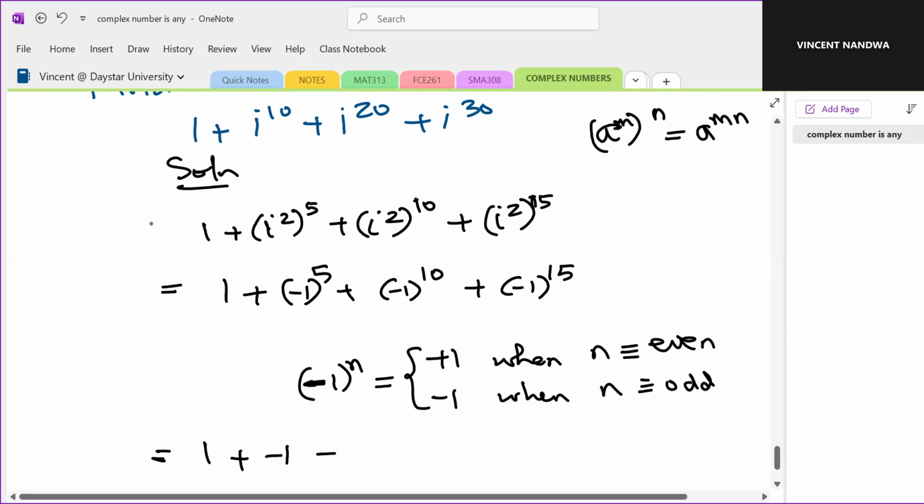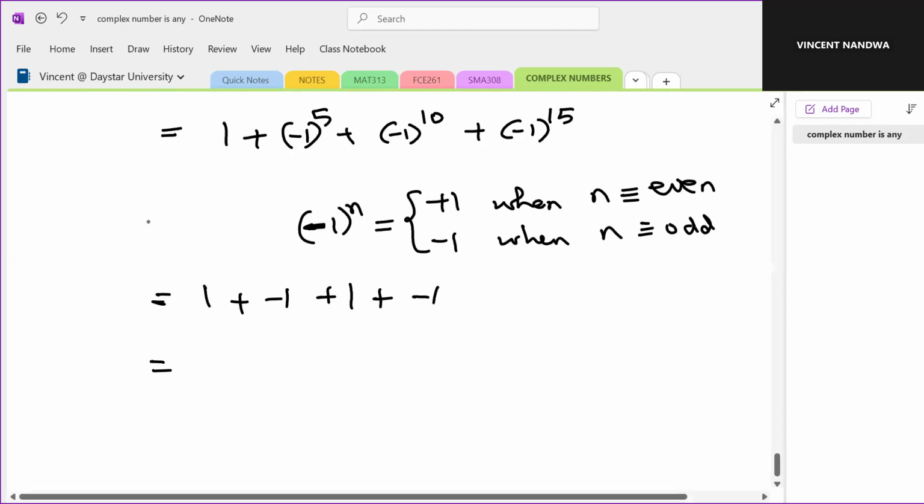And then plus, since 10 is an even number, minus 1 will be positive 1. Plus, since 15 is an odd number, minus 1 power 15 will be minus 1. So this will give us 1 minus 1 plus 1 minus 1, and this is 0. So the whole of that expression is nothing but 0.